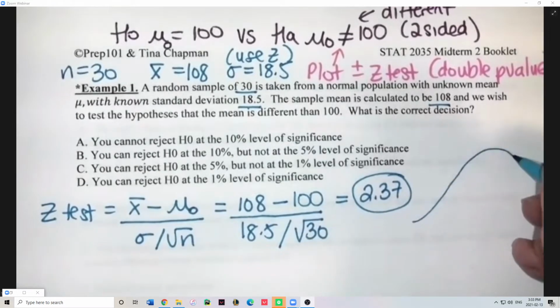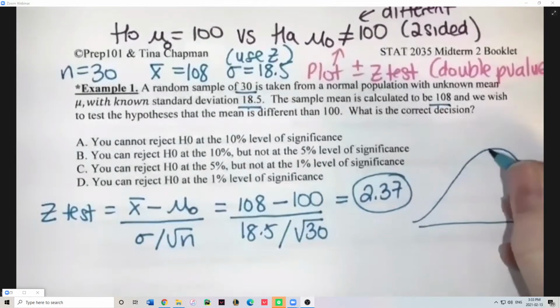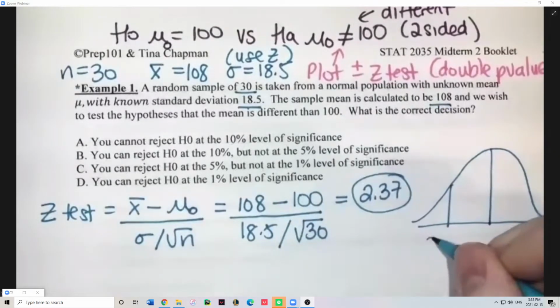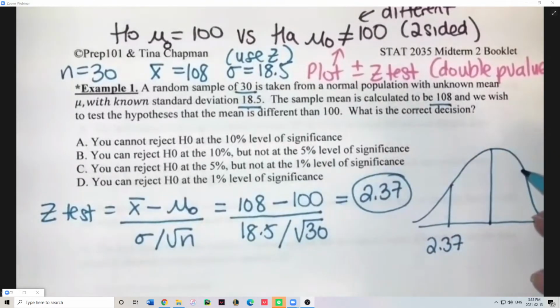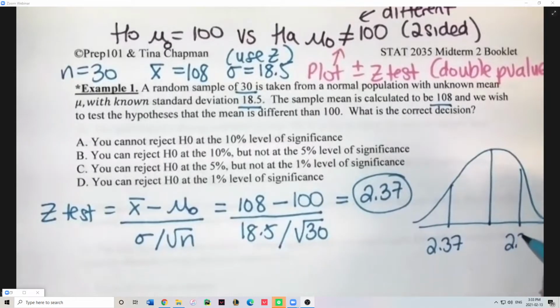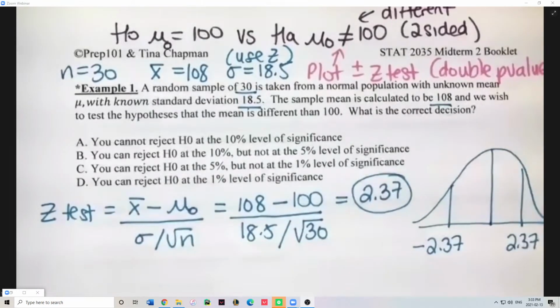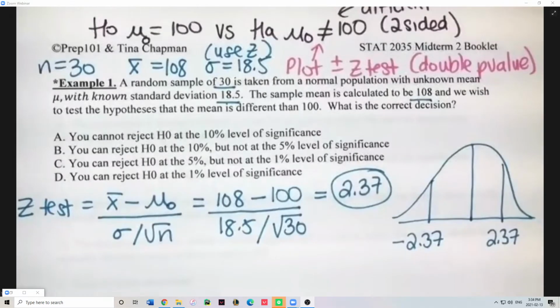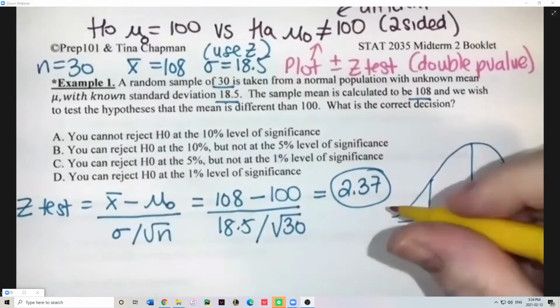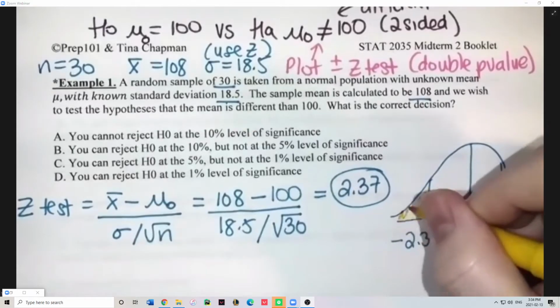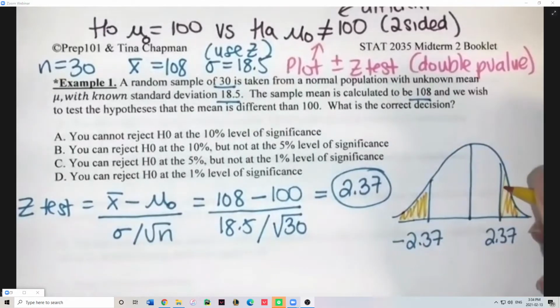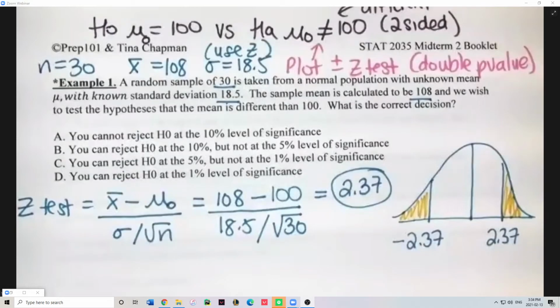So we've got to draw this out, and we've got to plot plus or minus 2.37. That's because it's a two-sided test, so we plot both. Now our p-value is the total area in here and in here. And they're symmetrical, if you can draw them symmetrically.